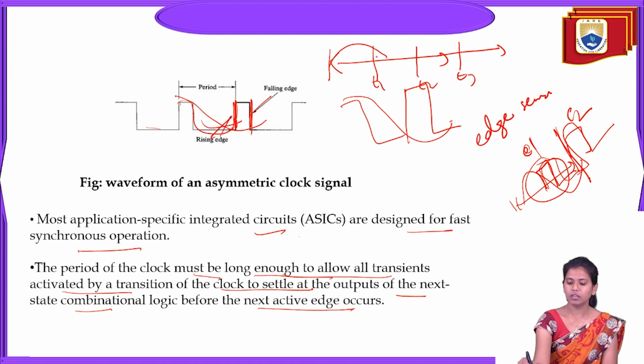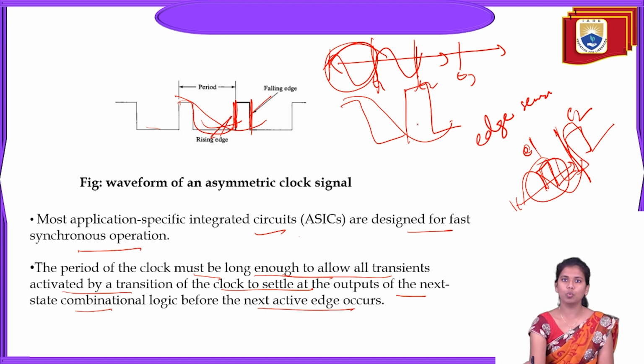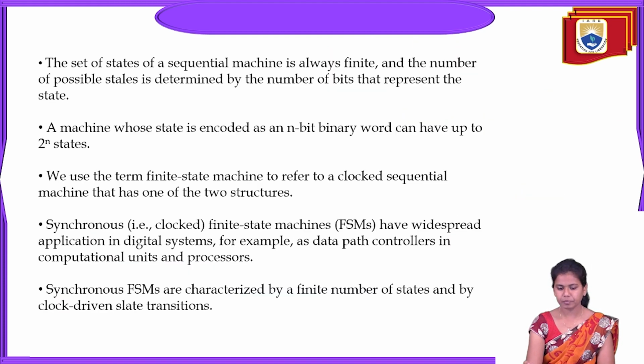But here, in order to overcome certain race conditions, the period of the clock must be long enough to complete all the transitions before the next edge arrives. The interval of the clock signal must be long enough.